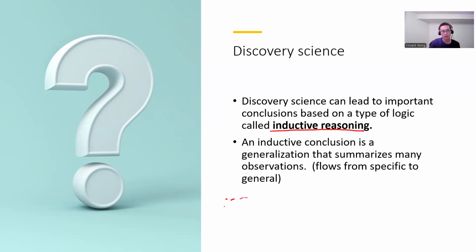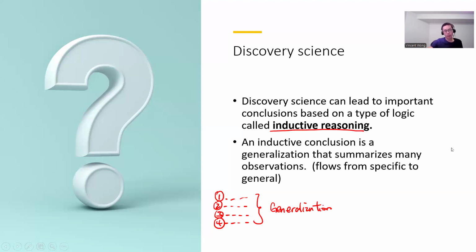You are taking a bunch of different observations, observation 1, 2, 3, and 4, and you're trying to come up with a generalization. Sometimes you have to group these observations into different categories, and then you can come up with different generalizations, different conclusions. But again, going from specific to general, that is inductive reasoning.